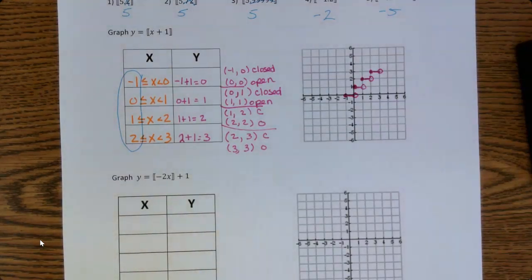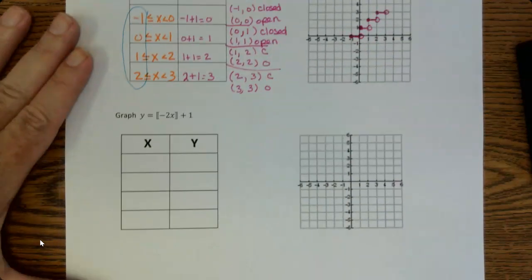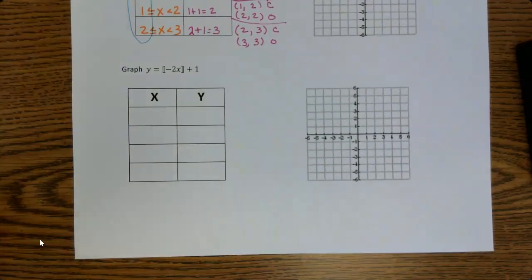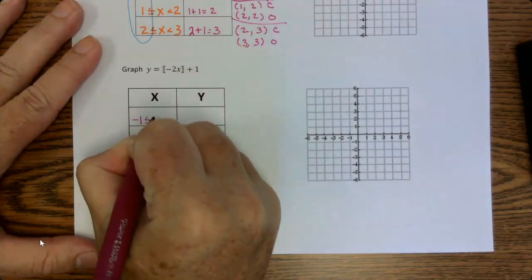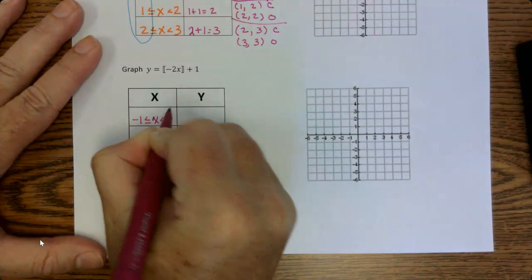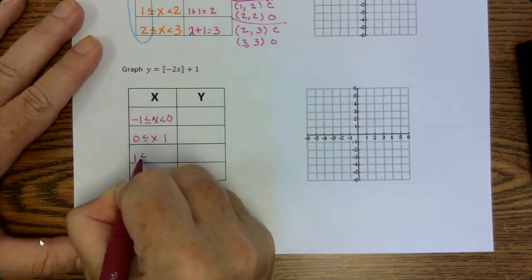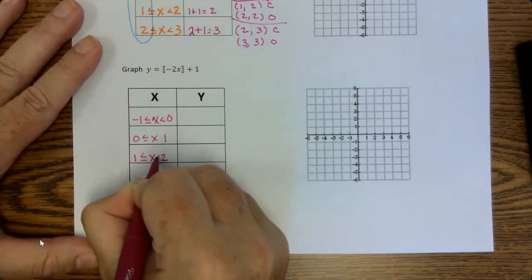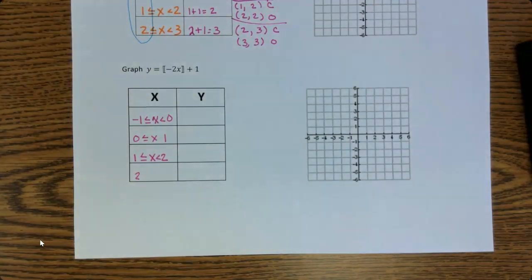Okay, not too bad, right? Okay, let's try one more. I'm just going to use the same numbers that I just used. So negative 1 and 0 and 1 and 2. And if you're asking yourself, do we always have to use the numbers next to each other? The answer is yes.